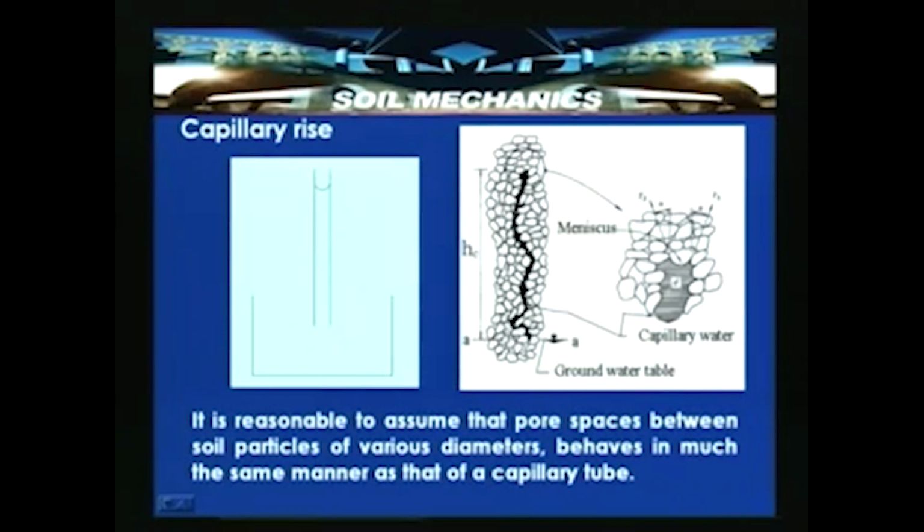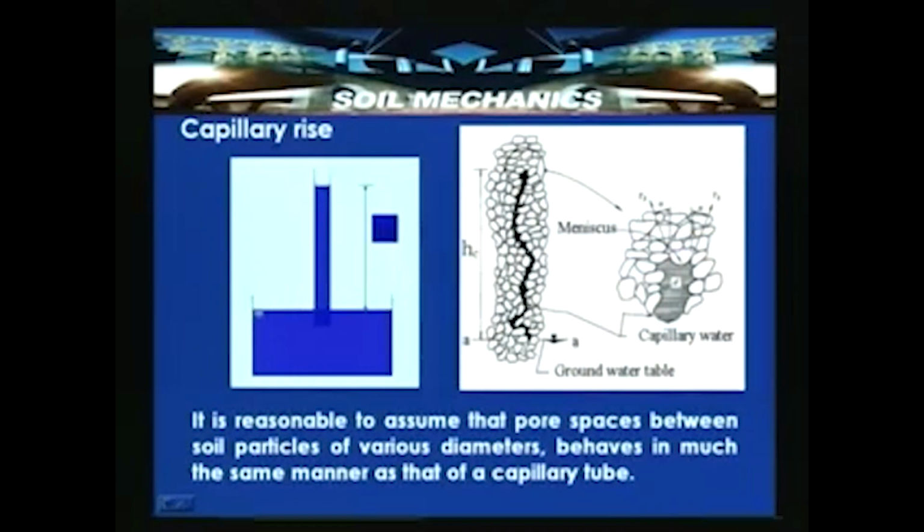If you look into this, this behavior can be simulated by something analogous to a capillary tube phenomenon, where immersing an open-ended tube in a vessel of water can simulate this particular condition.